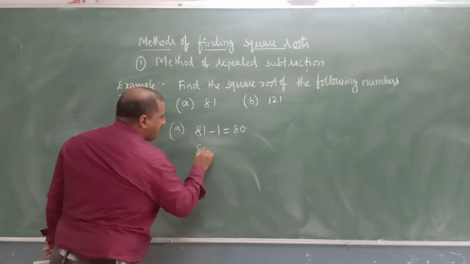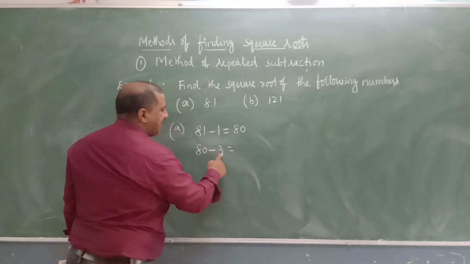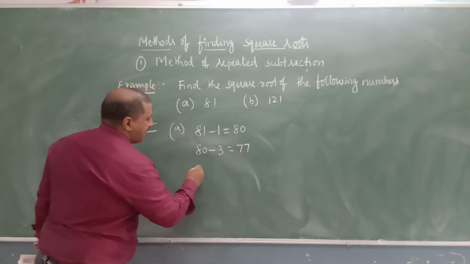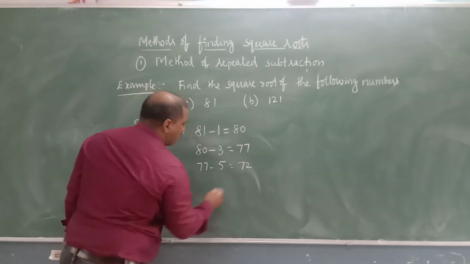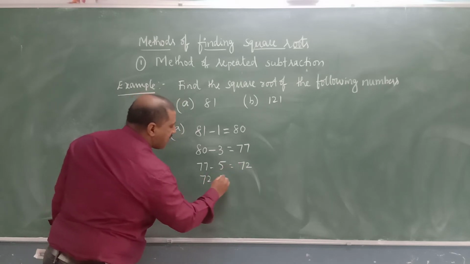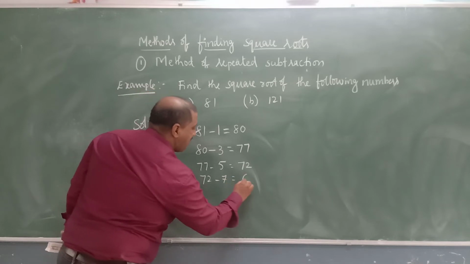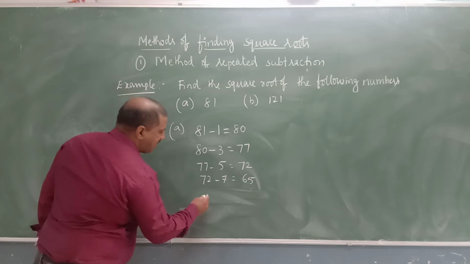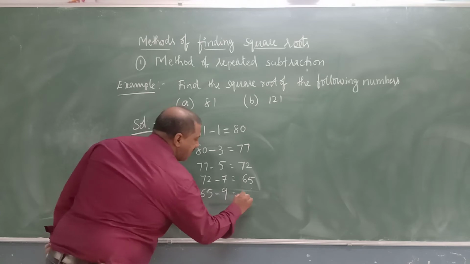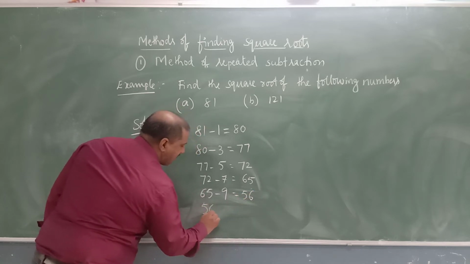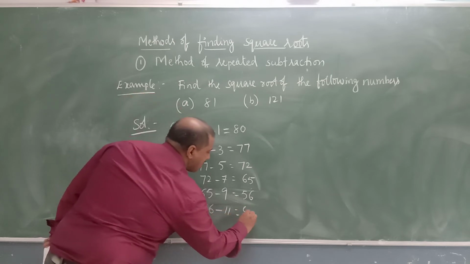Next from 80 subtract the next odd number, 3. 80 minus 3 is 77. 77 minus 5, the next odd number, we get 72. 72 minus the next odd number 7 is 65. 65 minus the next odd number 9 is 56. 56 minus the next odd number 11 is equal to 45.